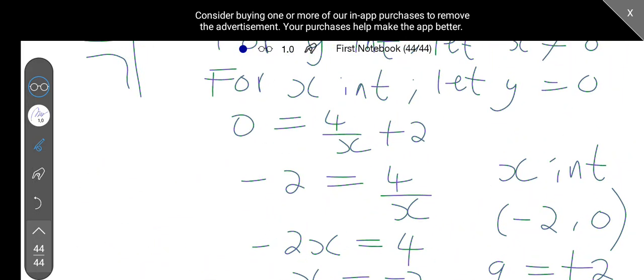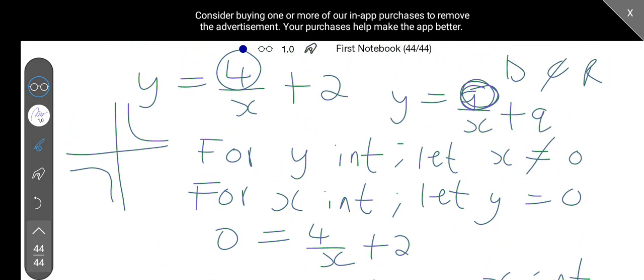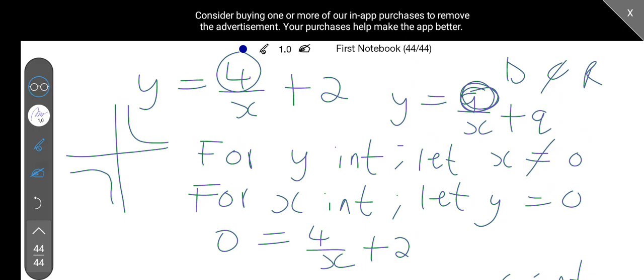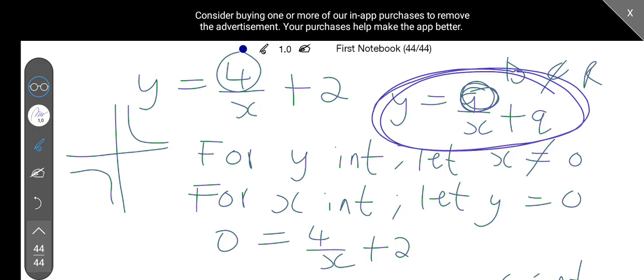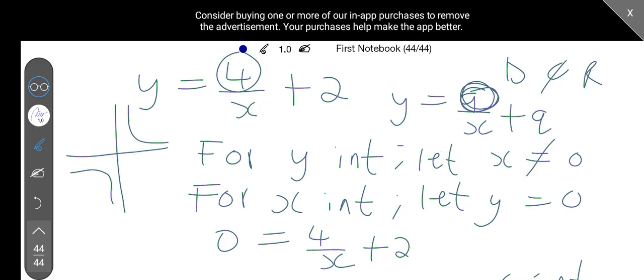Only if your hyperbola is given in the form y is equal to a over x plus q. That's when your graph will never touch the y-axis. Never. Okay? So this is how we can do it.